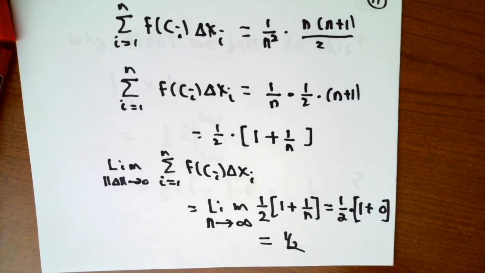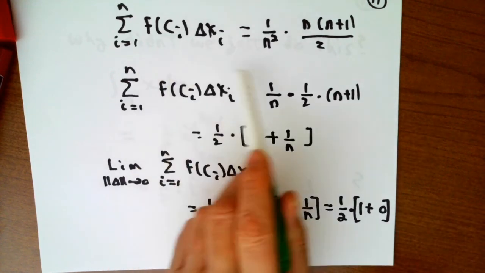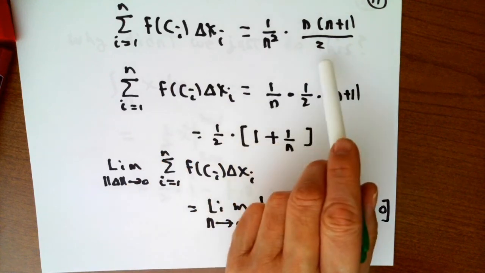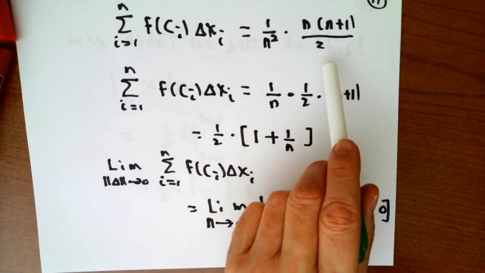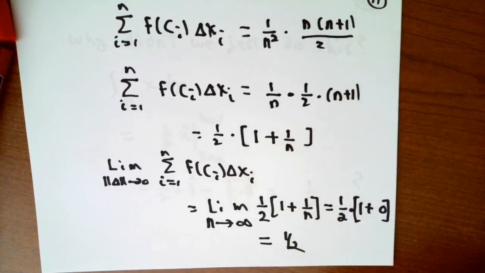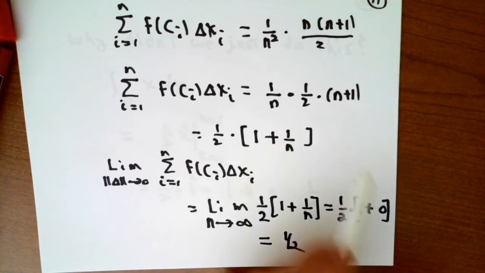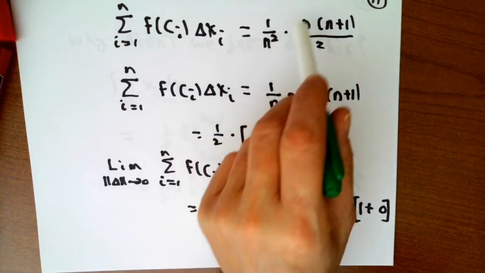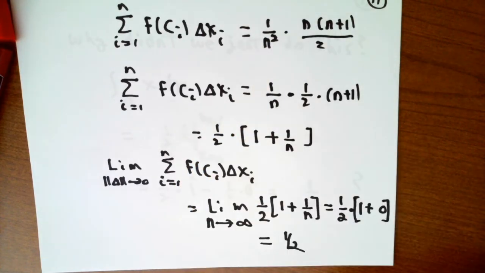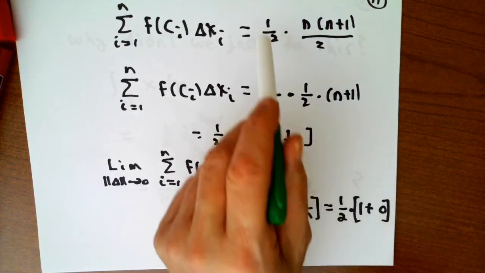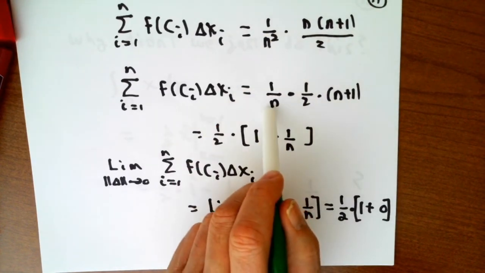Before we proceed, we will algebraically simplify these things a little bit. This sum worked out to be 1 over n squared times n plus 1 over 2 because of the algebra fact. You can write a factor of n in the top and bottom to cancel that out. From here, you'll still have a 1 over n.